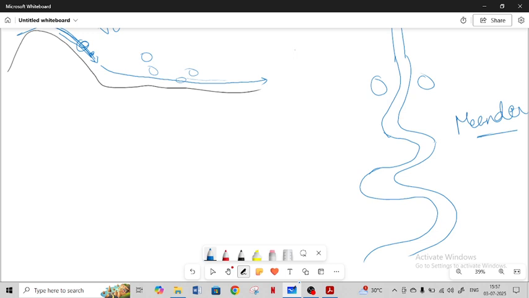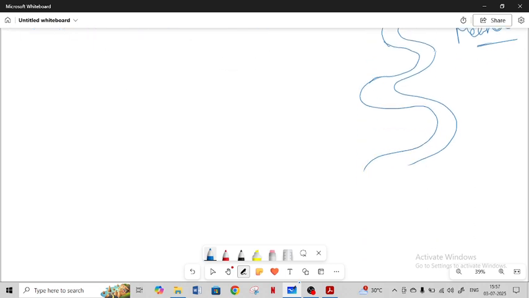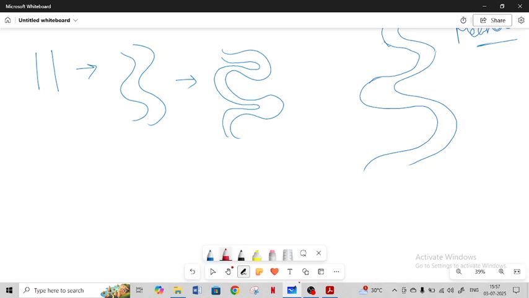Meander. Now, from this meander, how do oxbow lakes form? Suppose the meander is forming and it's in a very intensified position. So first, the river will be straight. Next, it will be a little curved. Next, slowly these curvings will be very deep. Now what will happen? These two limbs will join together.